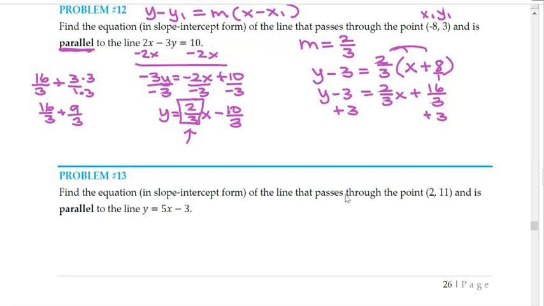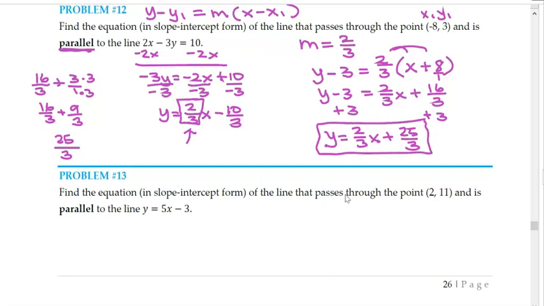And if I add those together, 16 plus 9 is 25, and the bottom stays as 3. So 25/3 is what my y-intercept is going to be. So I have y equals 2/3 x plus 25/3. And that will be the equation of a line that goes through that point and is parallel to this line.